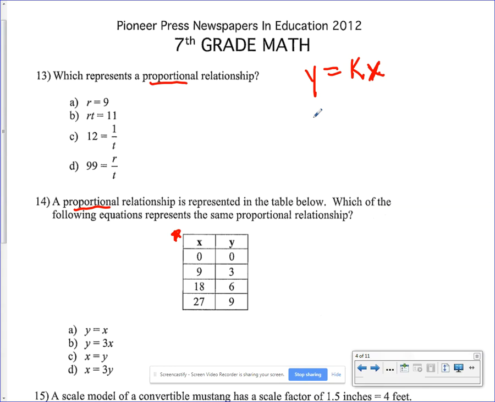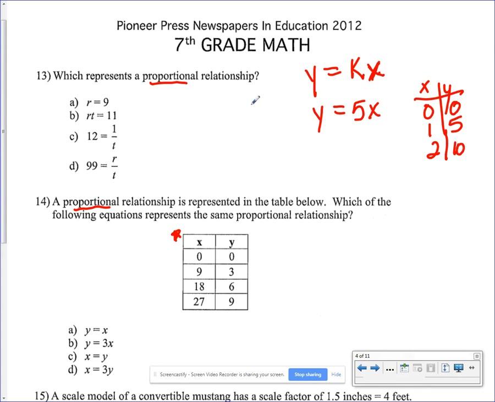So pretend, for example, that we had a table and whatever we get, that K value, the constant is always 5, okay? So if I had a table, it might look like this. 0 for X would be 5 times 0, that's 0. If I put in a 1 for X, 5 times 1 would give me 5. A 2 for X would give me 10, and so on, okay?